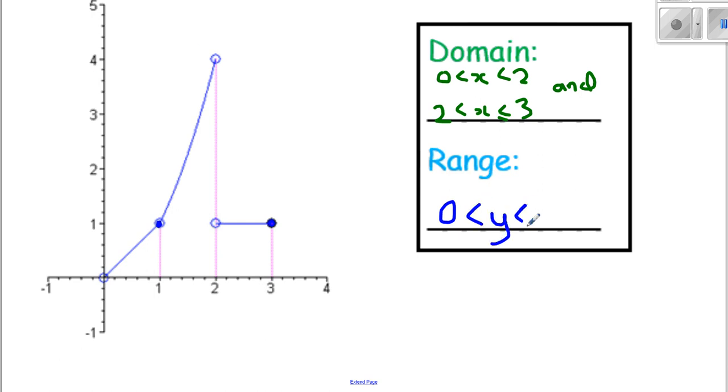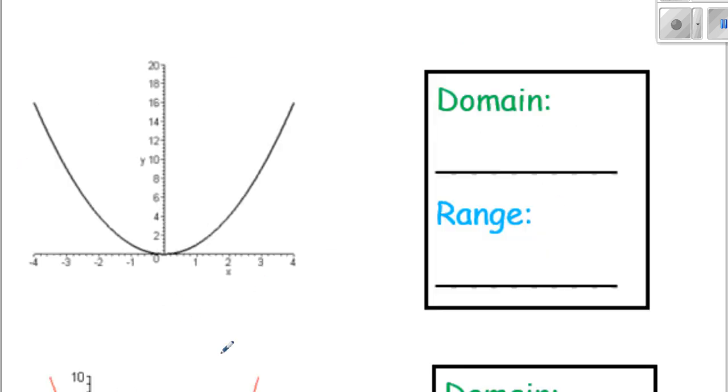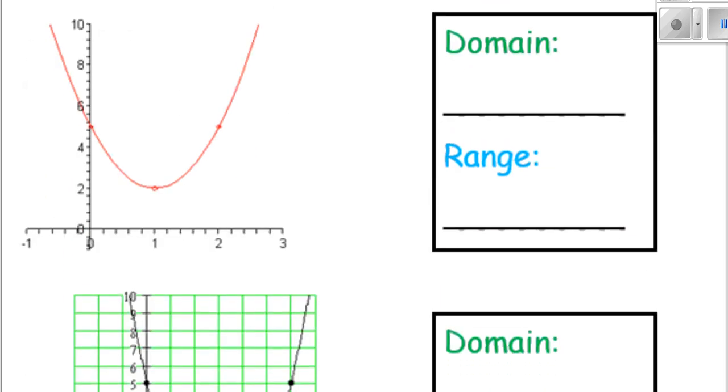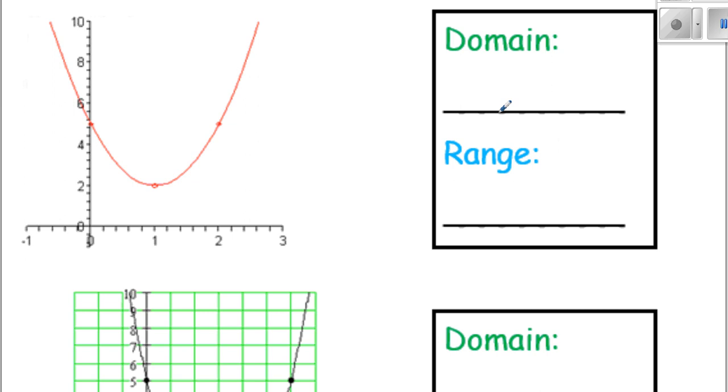Next one, it's a quadratic. Feel free to write that. x ∈ ℝ, nice and fast. So x ∈ ℝ, the range is y is greater than or equal to 0. And another quadratic, do you agree? x ∈ ℝ, the range is y is greater than or equal to 2.